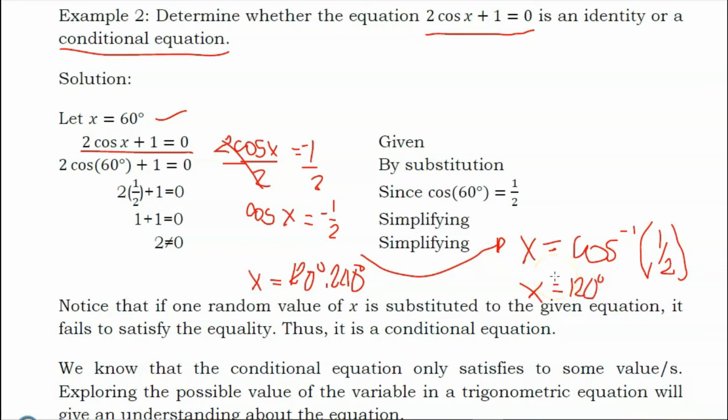There are also cases where you will be asked how many or what are the values that will satisfy the equation. So we can also give 240 degrees and other multiples of 120 degrees, as long as they are located in the second and third quadrant.